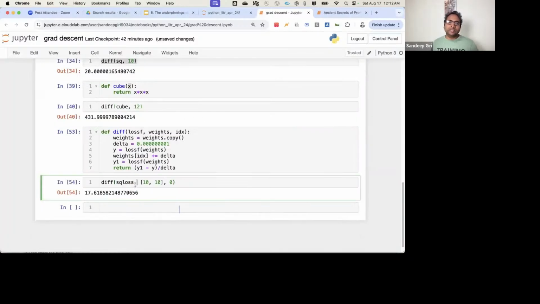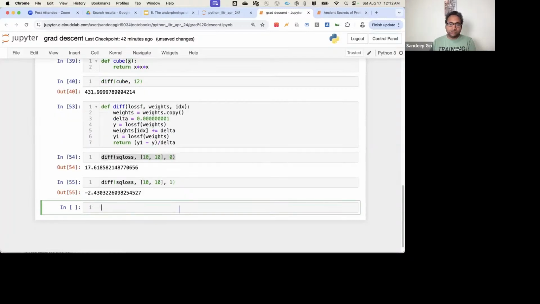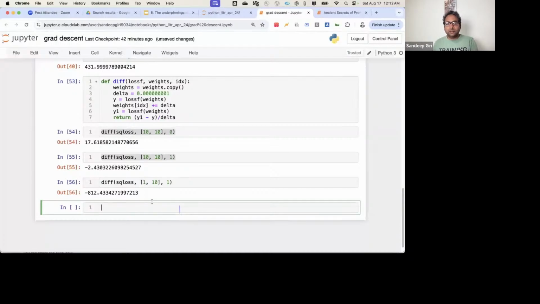So you can see at this value, the rate of change of squared loss because of the first variable is this much, and for the second variable is this much. Let's say 1 here.